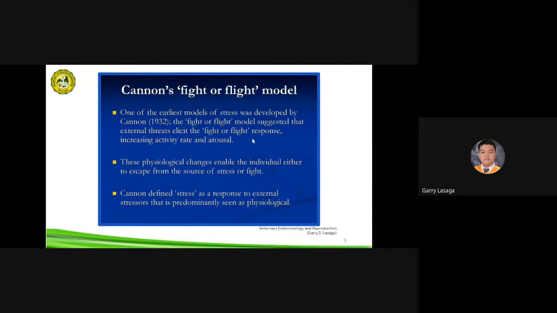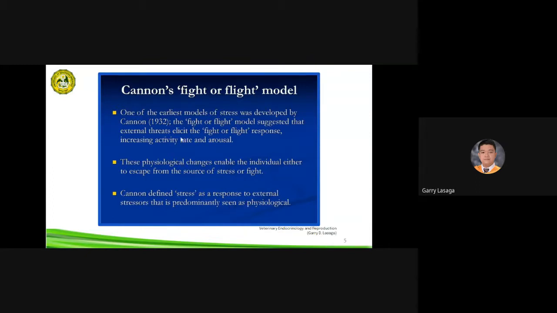So when the fight or flight response of the body is elicited, it will increase the activity rate of the different parts of the body, and it will also induce arousal. These physiologic changes enable the individual either to escape from the source of stress or fight. So Cannon defines stress as a response to external stressors that is predominantly physiological in nature.